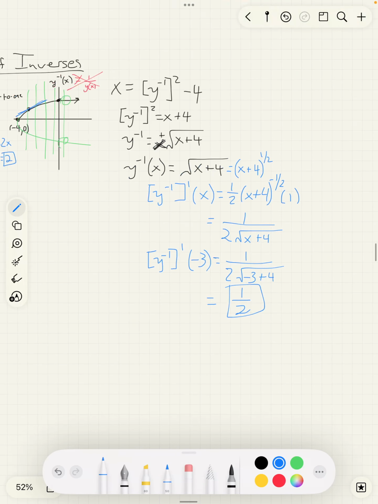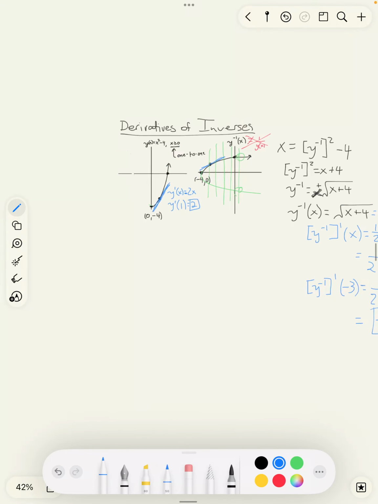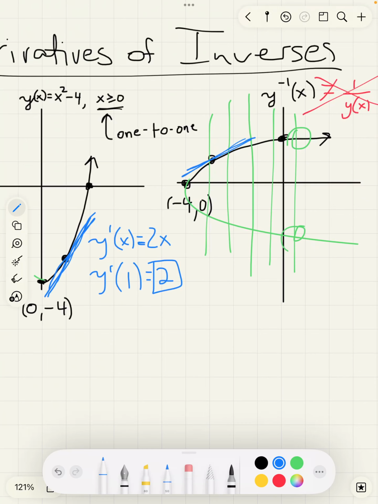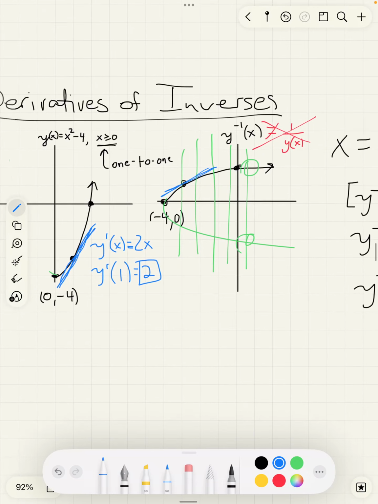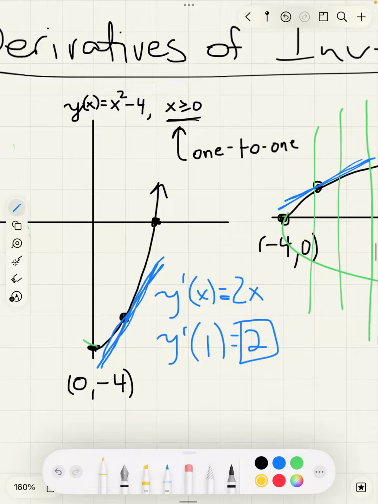So there is a relationship here. For the original function, the slope of the tangent line was 2. For the inverse function, the slope of the tangent line was 1/2. That was the reciprocal of the slope of the tangent line on the original function. And no matter which value of x I choose, this is going to work out for any value.